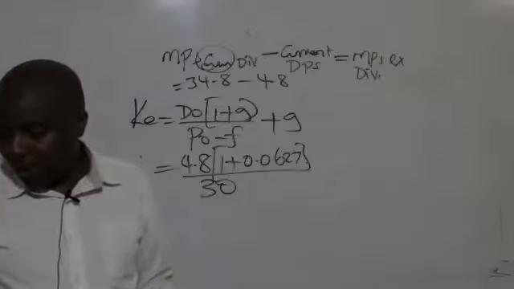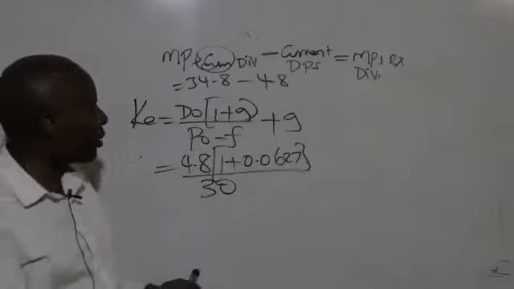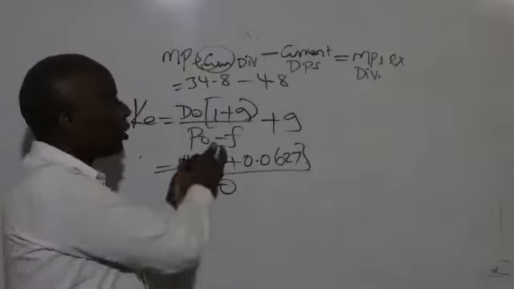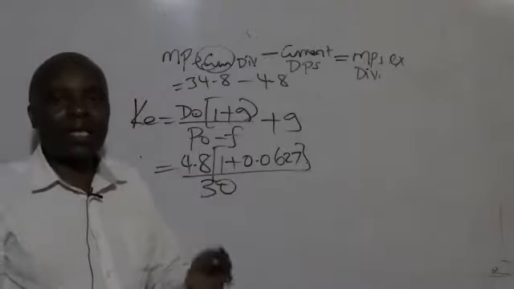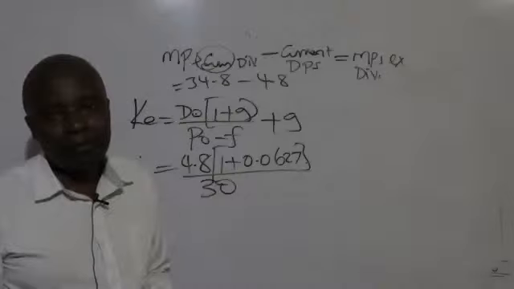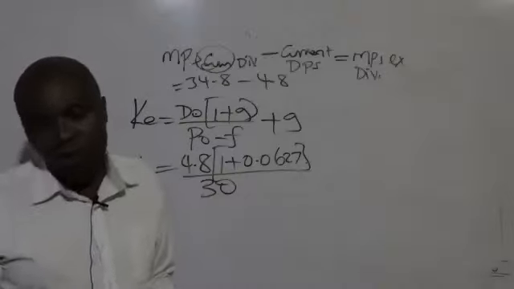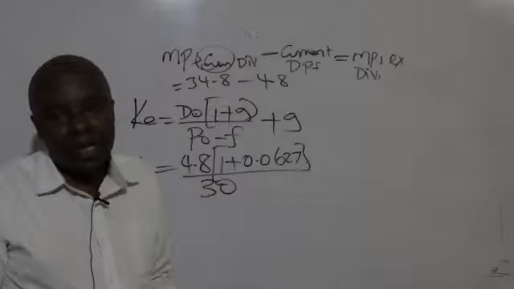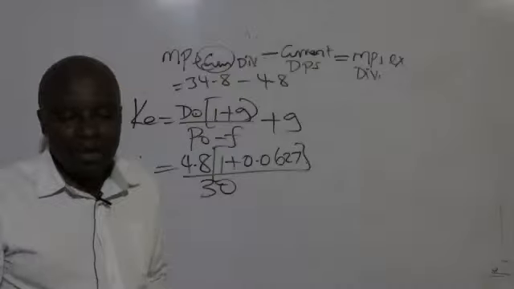Remember, the 0 is not supposed to be the oldest. The students will tell you that this 0 stands for oldest. No. The 0 stands for the most current dividend. Between these years given there, 2015 to 2018, which one is the most current year? It is 2018. And what's its dividend? It's 4.8.